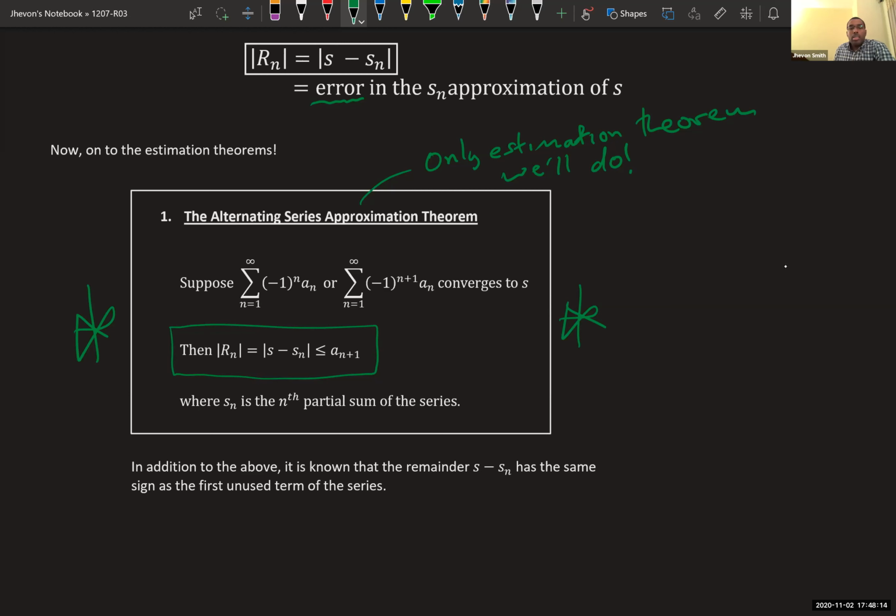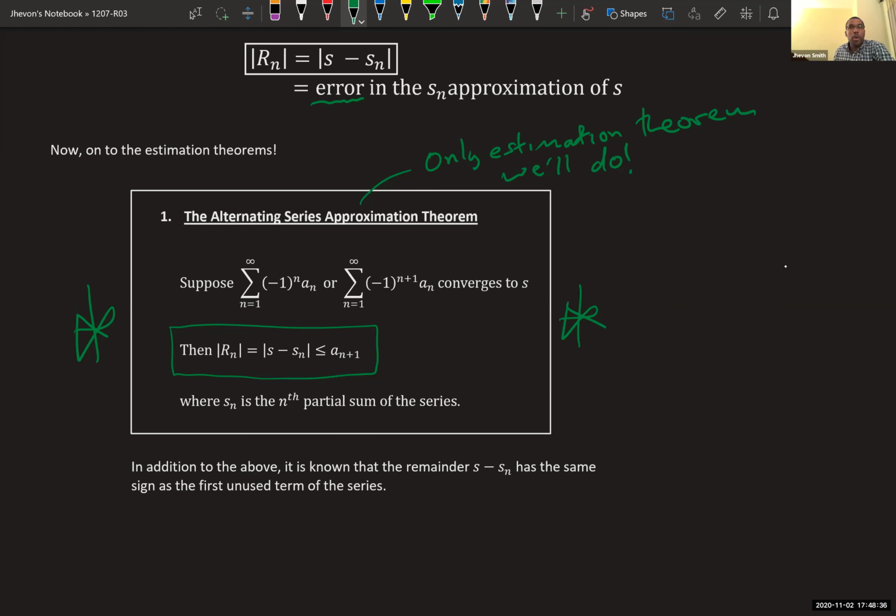In other words, the magnitude of the n plus first term tells me how far away from the actual answer the sum of the first n terms is. If I add up the first 10 terms of an alternating series and I want to know how close I am to the actual answer, all I have to do is look at the 11th term. The size of the 11th term is an upper bound on how far away I am.